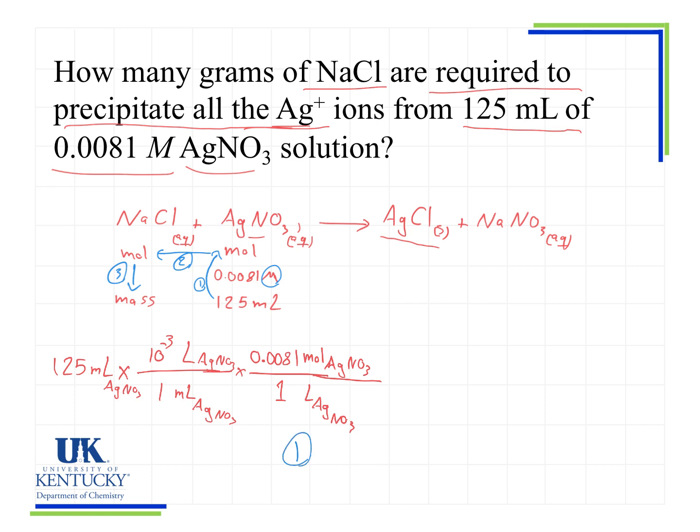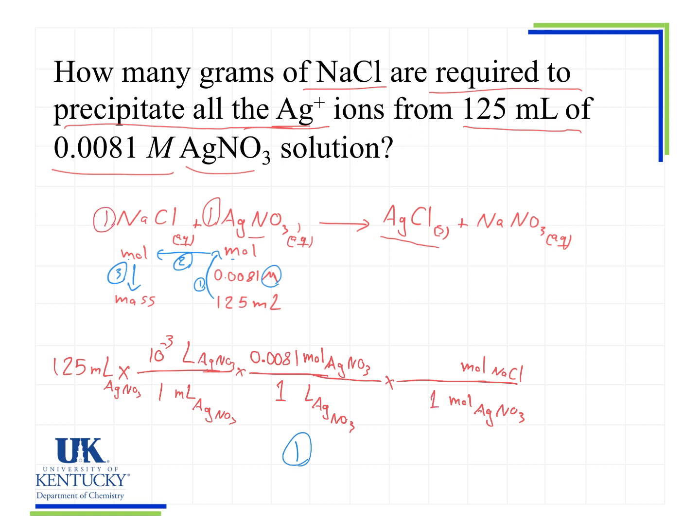to go to the mole. The second step is using stoichiometry, going from mole to mole of sodium chloride. So I don't want the mole of silver nitrate, I want the mole of sodium chloride. And with the balanced chemical equation, 1 silver nitrate needs 1 sodium chloride.